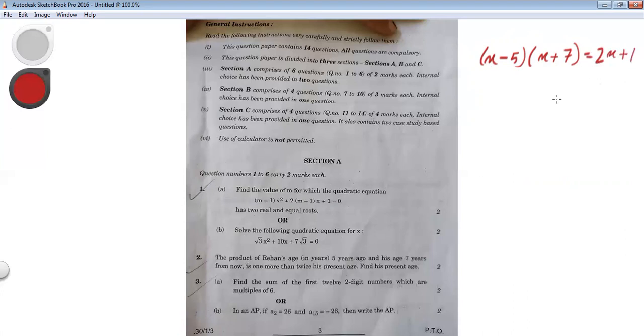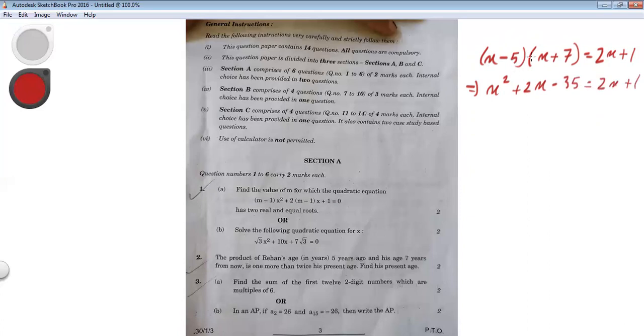So this is our equation, and now you need to solve the quadratic equation. This becomes x squared plus 2x minus 35 equals 2x plus 1.